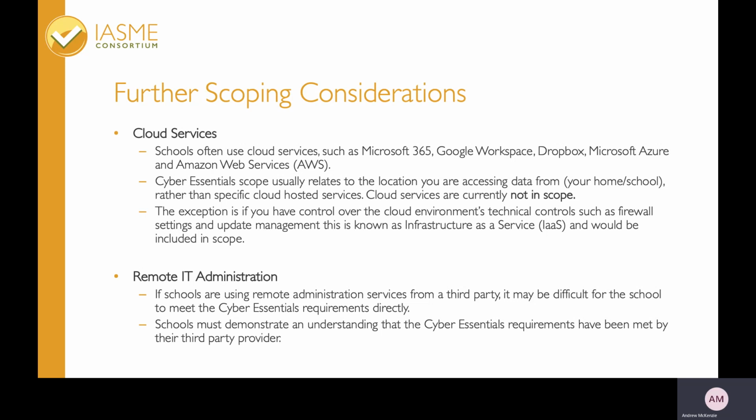However, you don't manage anything other than your individual user accounts. So in situations like that, you're not in charge of the updating of the software, you're not in charge of the cloud firewalls, so you are not liable, and it would not fall into the scope of Cyber Essentials. However, your accounts and the devices that access those accounts are in scope, as well as the networks that those devices are on.